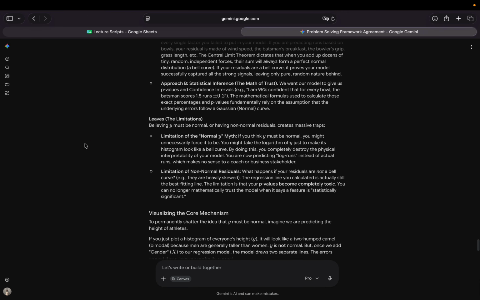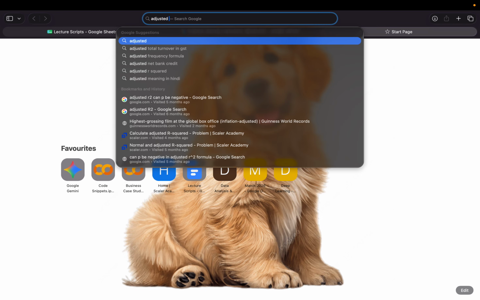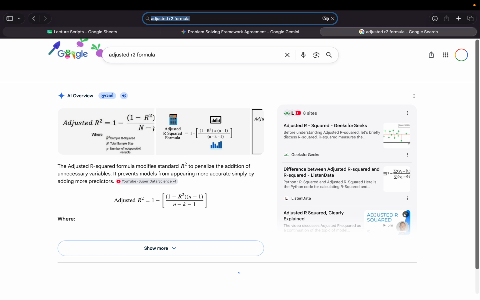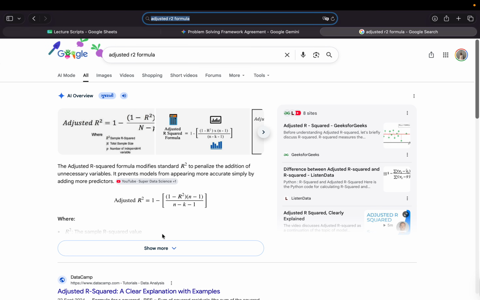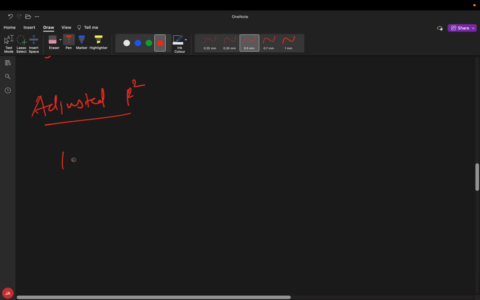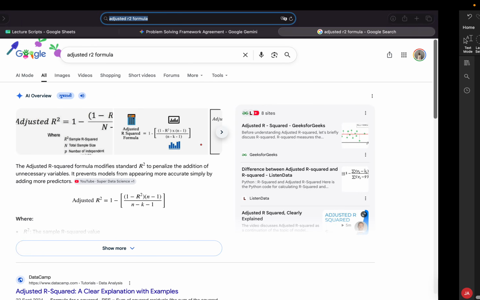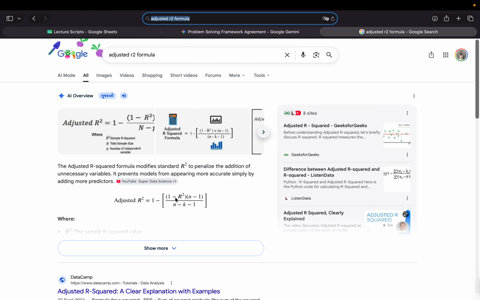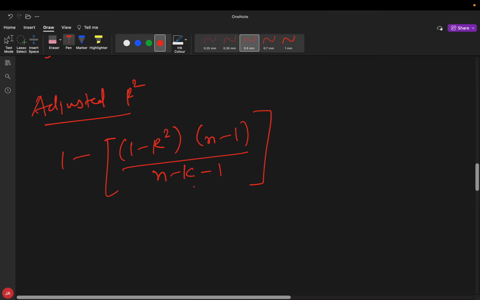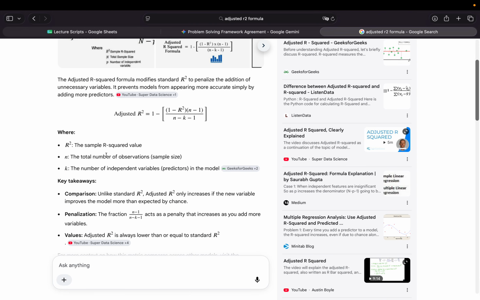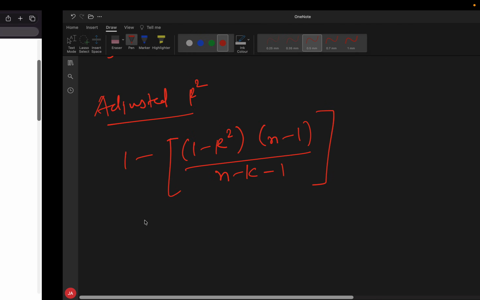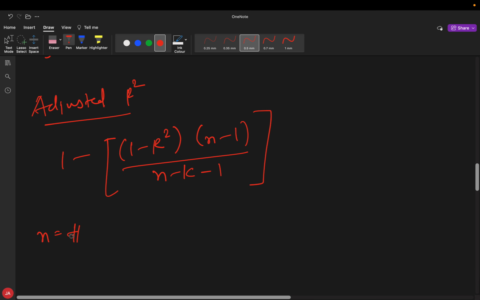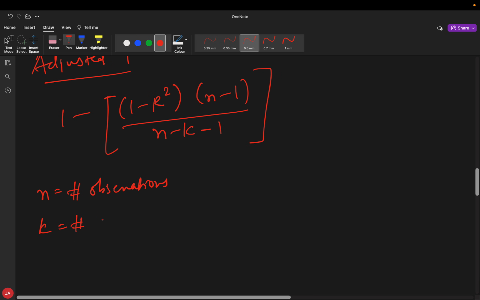So we look at the adjusted r square formula, which is given by 1 minus (1 minus r square) times (n minus 1), divided by (n minus k minus 1), where n and k are the number of observations and number of predictors. N is observations and k is the number of features.